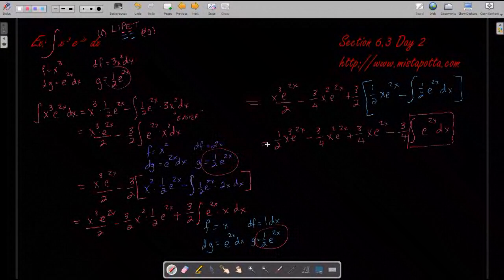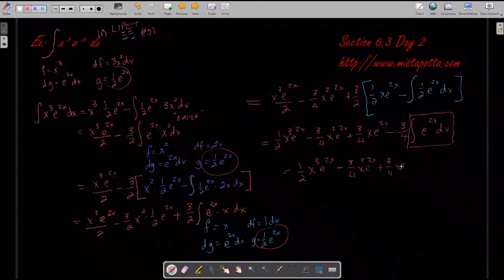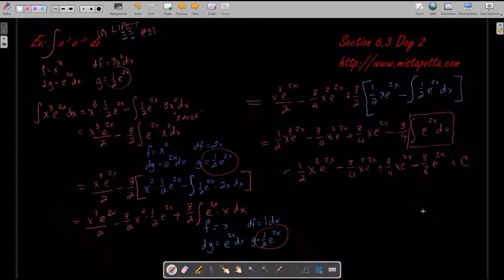So this is going to be equal to 1/2 x cubed e to the 2x minus 3/4 x squared e to the 2x plus 3/4 x e to the 2x minus 3/4 times 1/2 is 3/8 e to the 2x plus a constant.